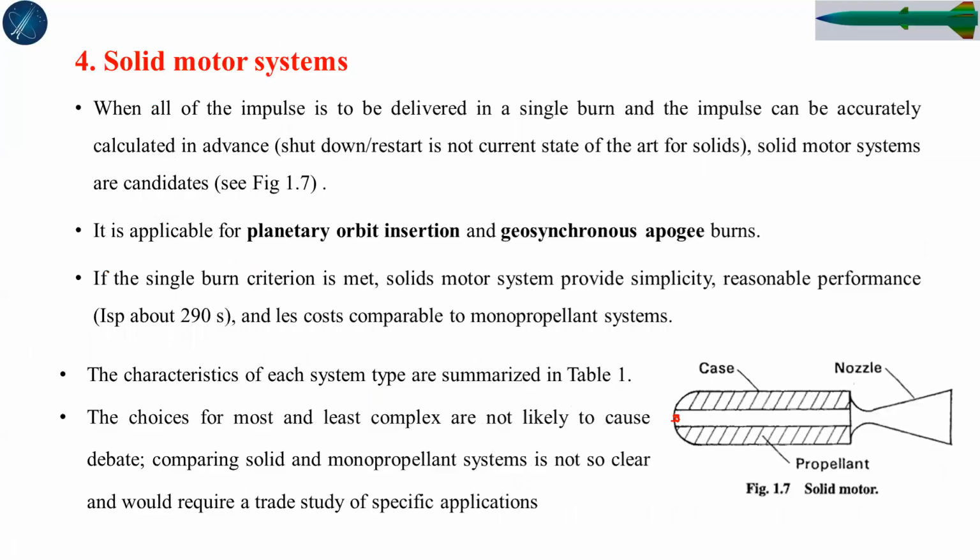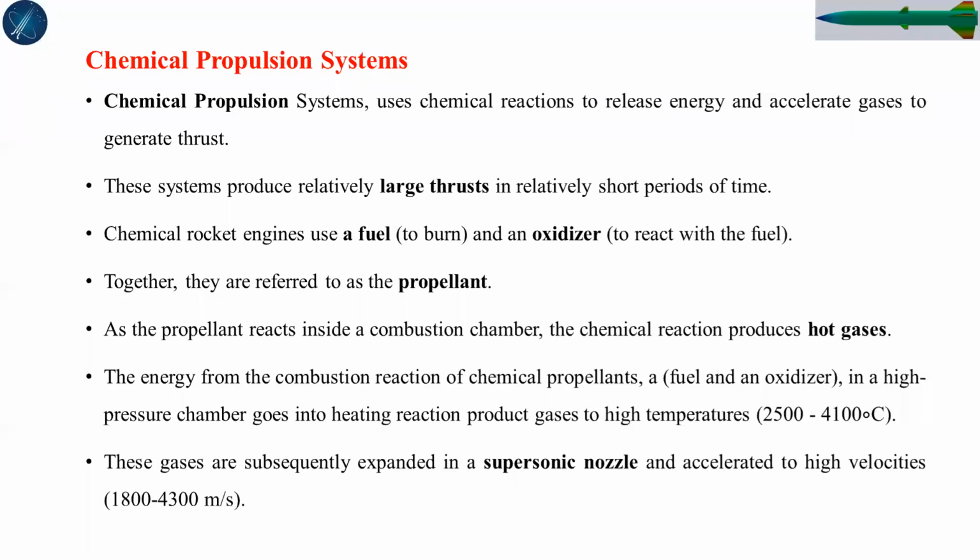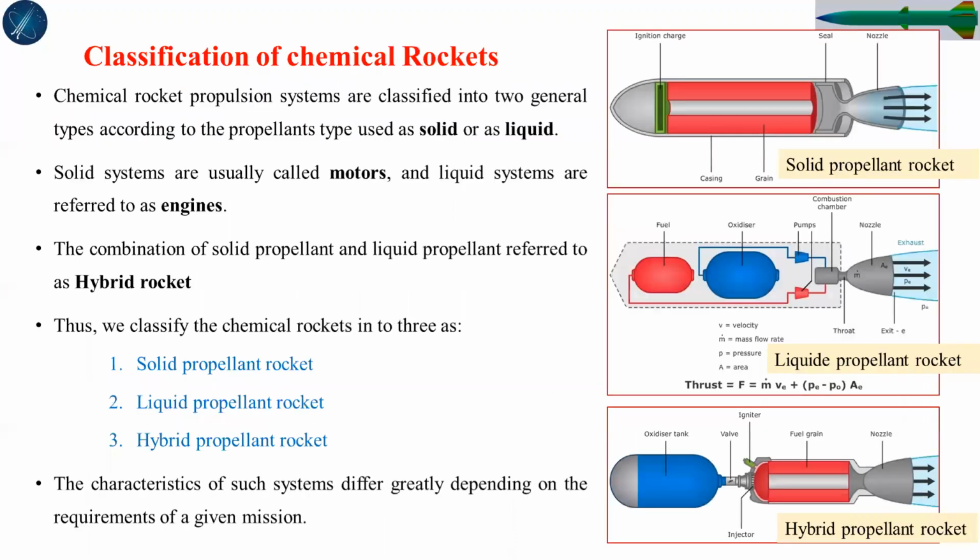So actually we tried to compare cold gas, solid motor, monopropellant, and bipropellant by their behavior. We already checked them or discussed each of these things. Okay, so chemical propulsion systems: one is solid propellant rocket, liquid propellant rocket, and hybrid.